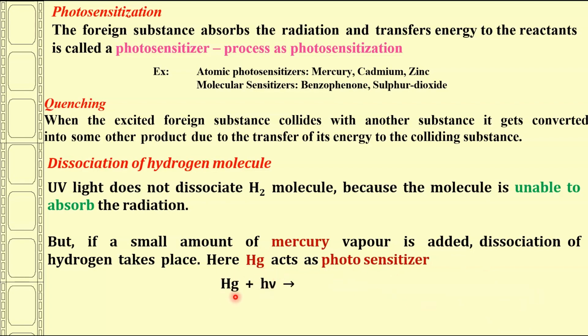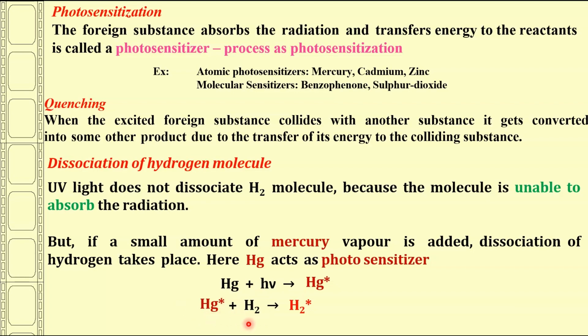Mercury absorbs UV light and it gets excited. This excited mercury acts as a photosensitizer and collides with the hydrogen molecule.